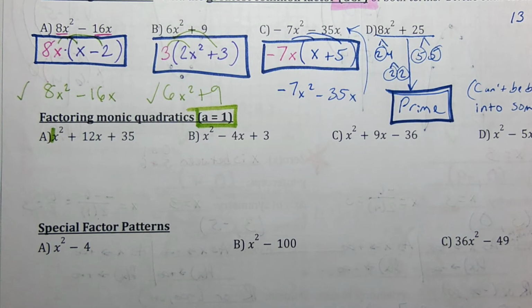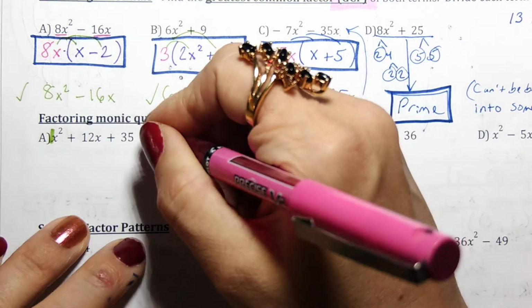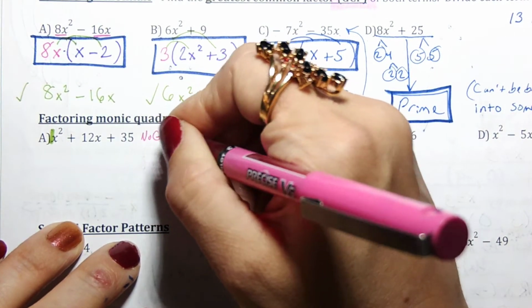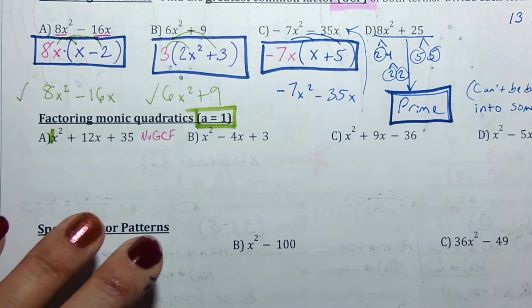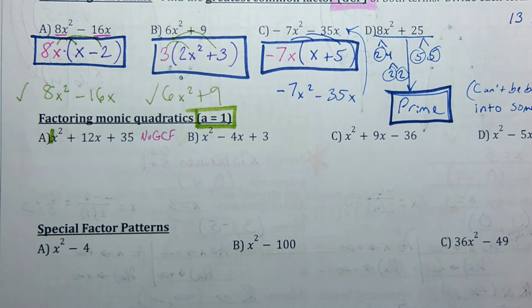What about variable-wise? Can I take an x out of everybody? Ooh, yeah, so that 35 doesn't have an x that we can take out, so there is no GCF. But we don't say that it is prime because we have another method of factoring these monic expressions.